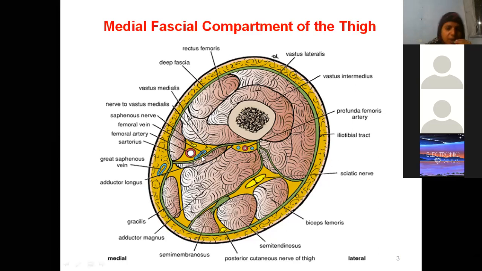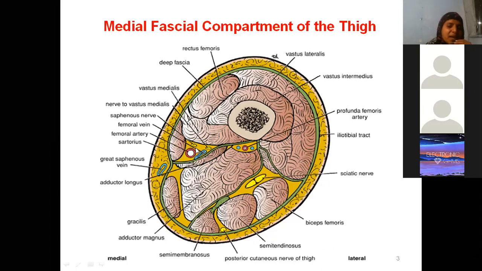This section is taken a little below. The apex of the femoral triangle corresponds to, we didn't discuss this, the adductor canal, also called Hunter's canal or subsartorial canal. It has three names. Subsartorial in the sense that it is below the sartorius muscle.